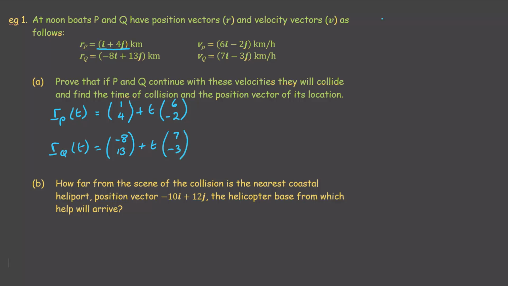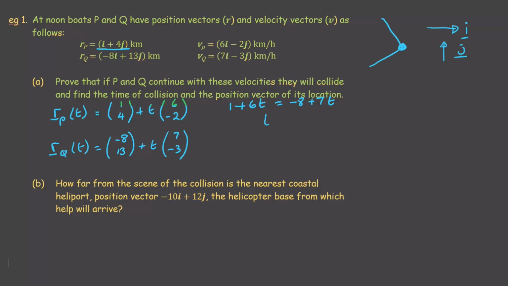Now, for the boats to collide, that means they have to be in the same position at the same time. And that means that both the i and j directions will need to be the same. So we can say that 1 plus 6t, that's the i for P, would be equal to negative 8 plus 7t.